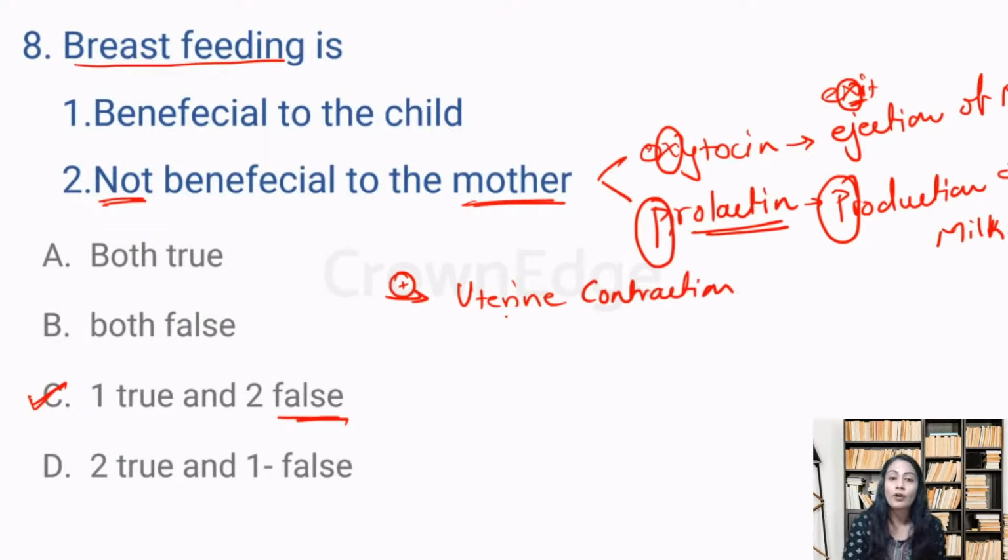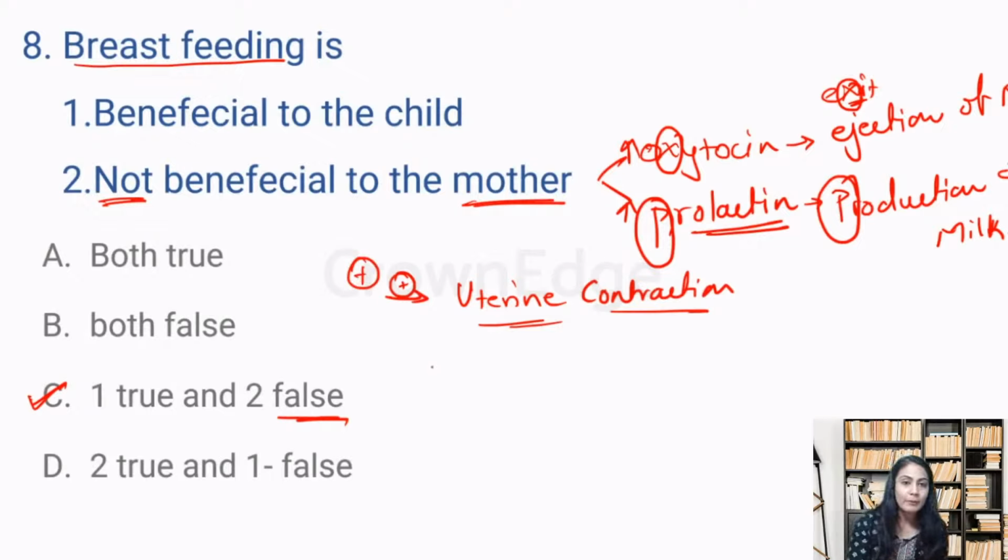This uterine contraction is going to squeeze the blood vessels of the uterus, and that's why the mother will not bleed a lot. That is the protective phenomenon given by nature. So once the mother starts breastfeeding, these hormones will increase, and they are going to stimulate uterine contraction more and more.